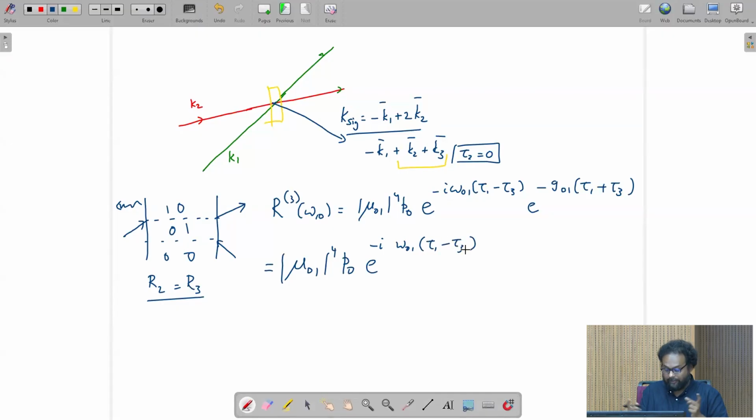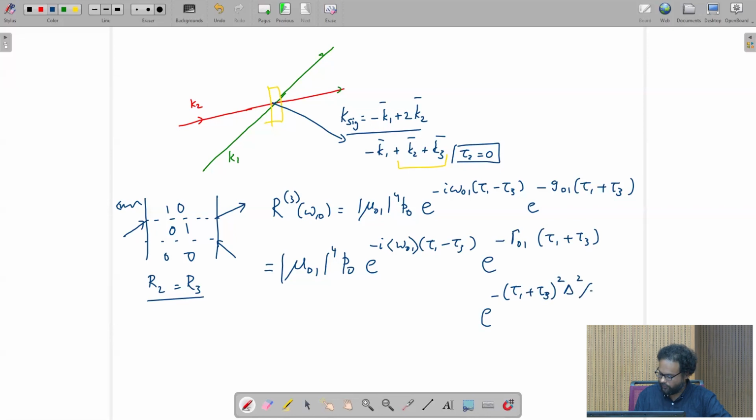But now let's say I also have inhomogeneous broadening, frequencies fluctuating, and what I'm measuring here is some sort of average, mean value of omega 0 1. Then you have e to the power minus gamma 0 1 (tau 1 plus tau 3), and e to the power minus (tau 1 minus tau 3) squared delta squared over 2.